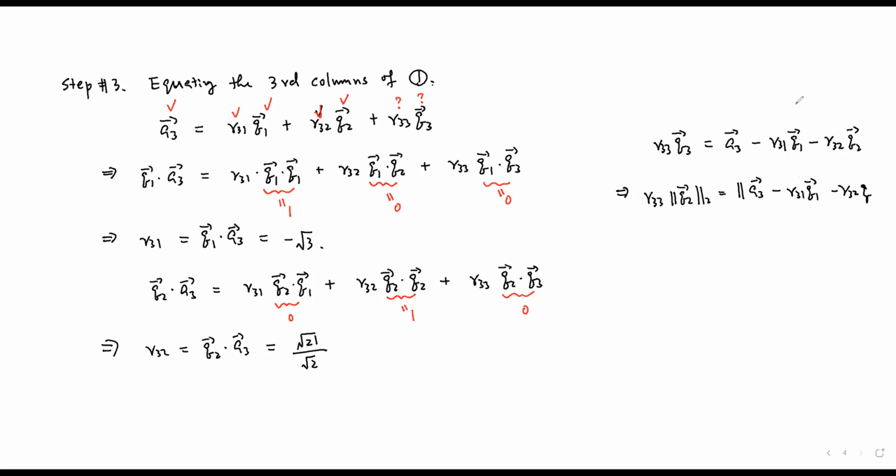Q, yeah, this is Q2. The vector Q2, the two norm is 1. So therefore, R3 actually is equal to this.